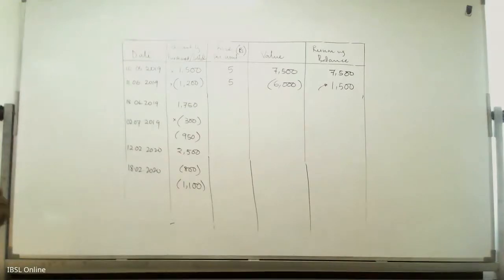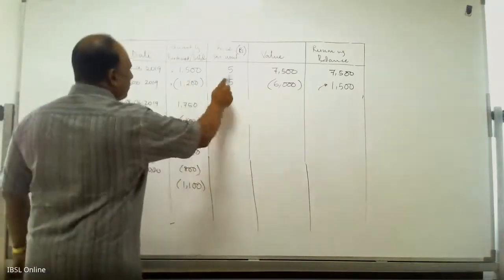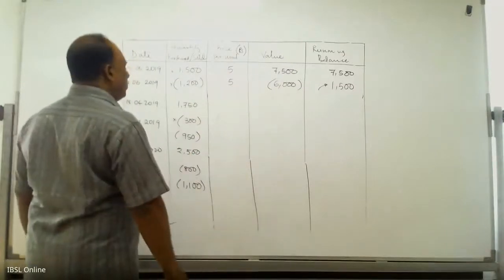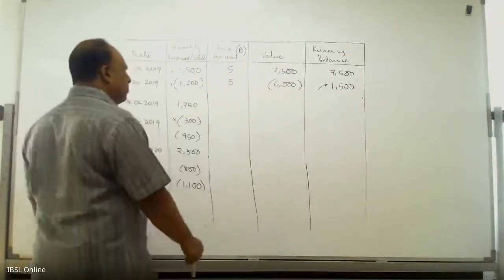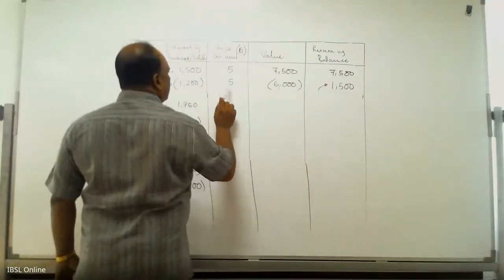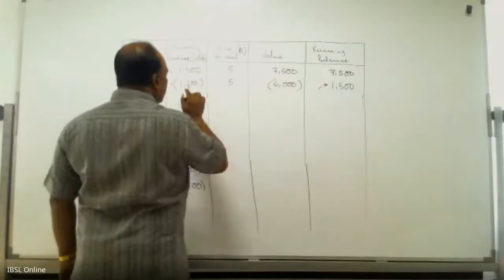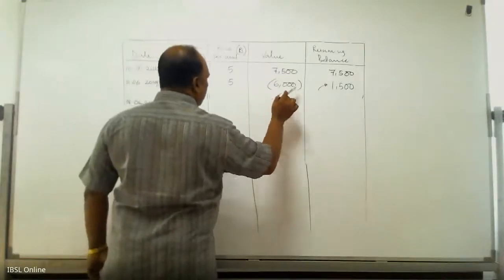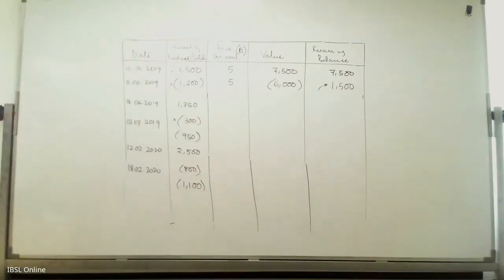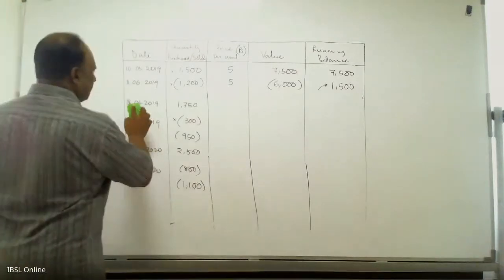So in the first scenario, 1,500, you will issue, you have got 7,500. So average price for this will be 5 rupees. Then you issue the 1,200 units, it is 6,000.